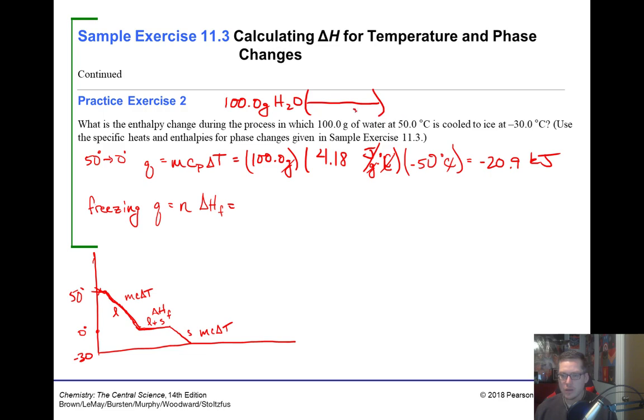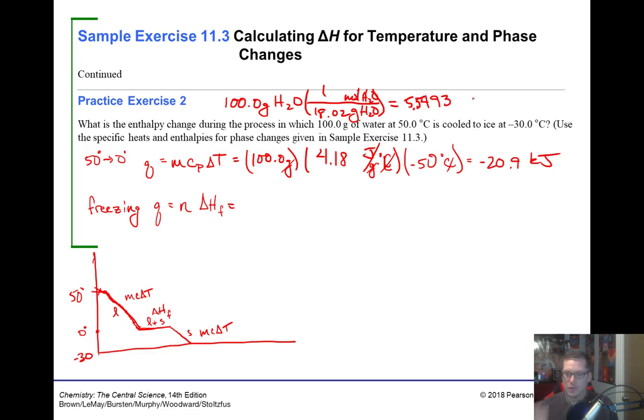So grams of water go on the bottom, moles of water go on the top. For every 1, and we won't do the molar mass by hand, we just know it's water. So 100 divided by 18.02, you get 5.5493.